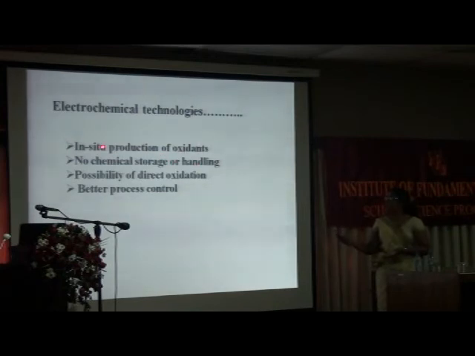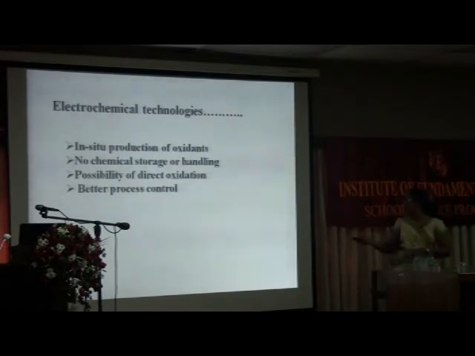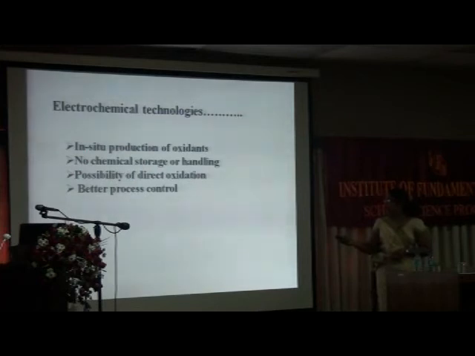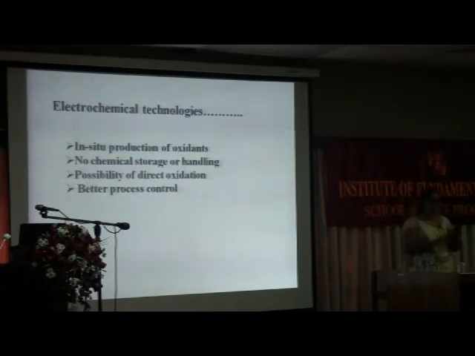All the oxidants can be produced in situ, meaning you don't have to carry, handle or store any chemical. There is also the possibility of direct oxidation, meaning some organisms will attach to your electrode and be destroyed on top of the electrode. Then, process control is very easy.